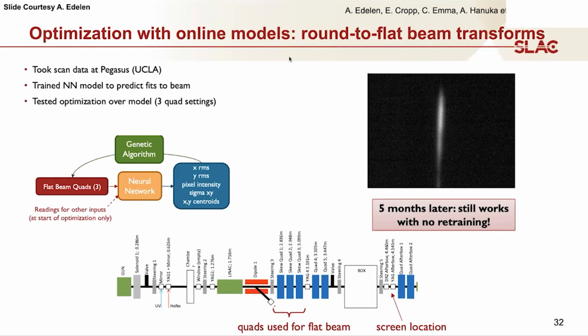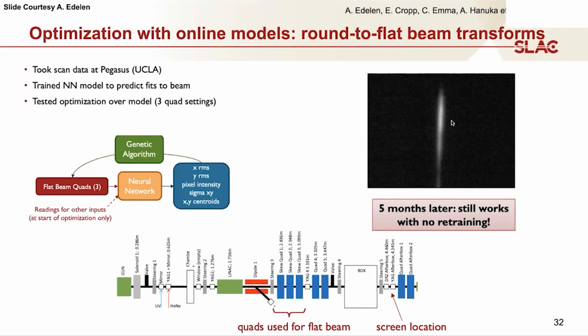And we did a series of experiments here where essentially we went down there, and the first thing we tried to do was to gather a lot of data from these flat beam generations by tweaking the quads and see if we could train a virtual diagnostic to predict this kind of flat beam distribution. And this was quite successful.